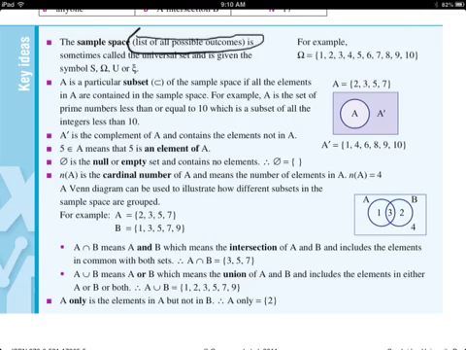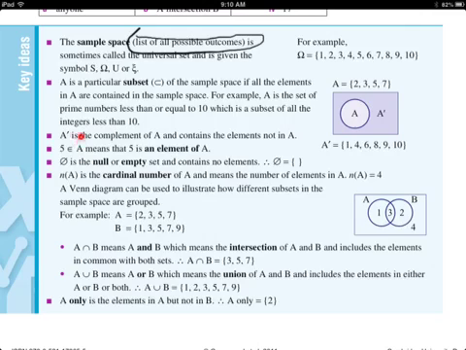If A is the set of prime numbers less than or equal to 10, A prime are the elements that are not in A. So that's going to be the numbers that are not primes but are less than 10, and they're over here. 1, 4, 6, 8, 9 and 10.